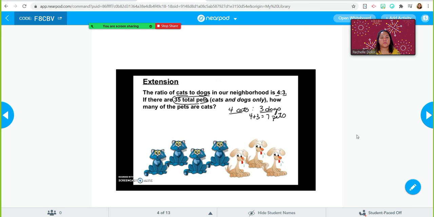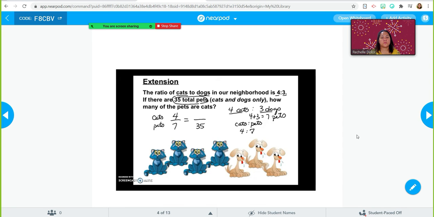So I'm going to do the ratio of cats to pets. That ratio is 4 to 7. That's going to be really important because I know that there's 35 total pets. So if I'm trying to figure out, the cats to pets is 4 to 7, and I want to see that equals what out of 35?